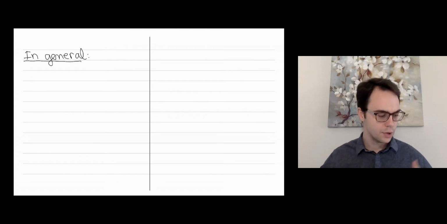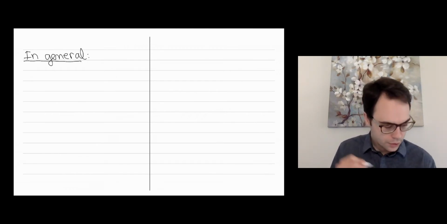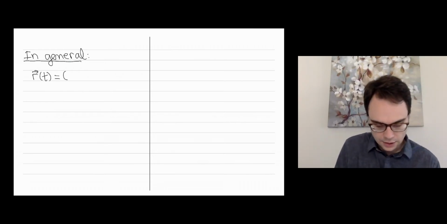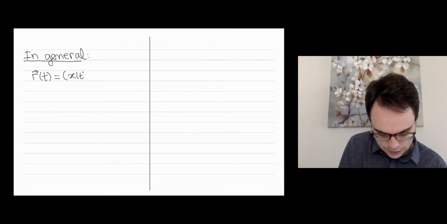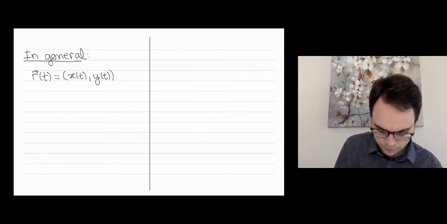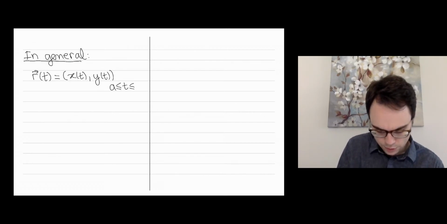So we're going to have to parameterize curves. In general, we're going to have a vector valued function r of t, and in 2D it's going to have two components, and in 3D it's going to have three components. So you can just imagine a z of t in there. And also I'm going to have a range for t. I'm going to say that t ranges between two numbers a and b.